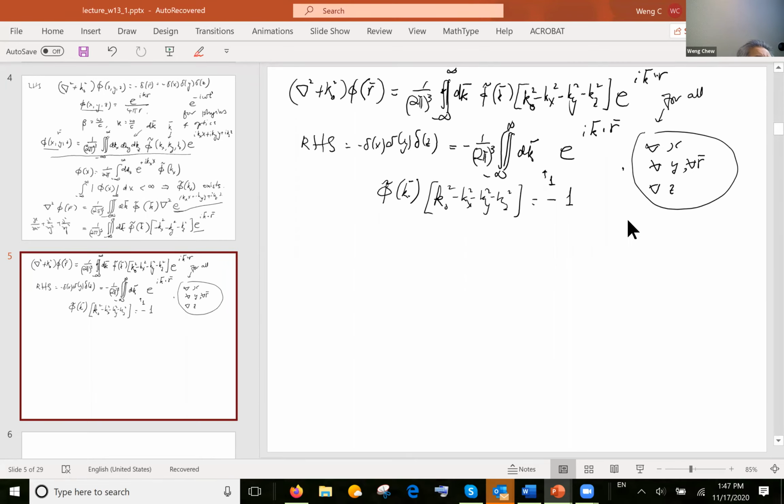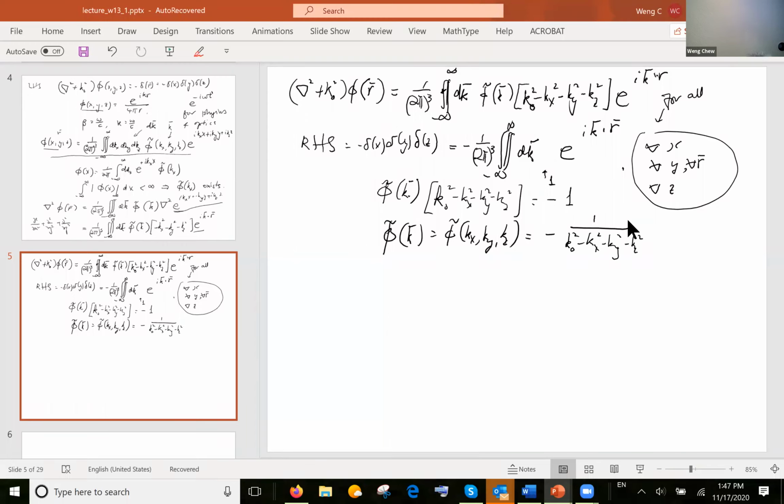Then I have an expression for my phi tilde, the Fourier transform, which in long form, as a function of kx, ky, kz, is equal to -1 over k0 square minus kx square minus ky square minus kz square.